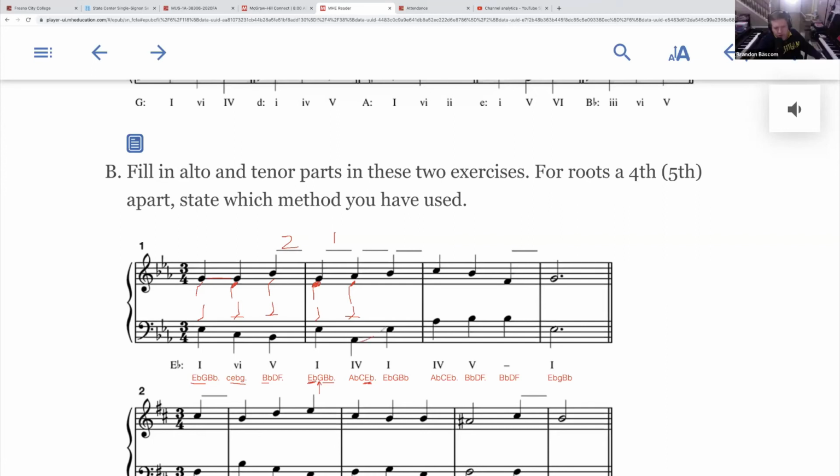Okay, now we move up a fifth. And page 83 tells us that our motion should be descending for a root movement of a perfect fifth up. So our fifth goes up, everything else is going to go down. What? Is that what happened?